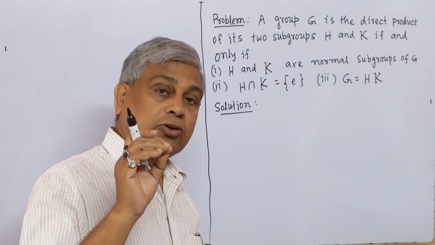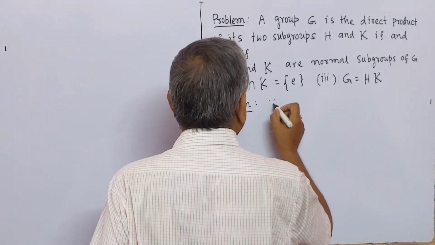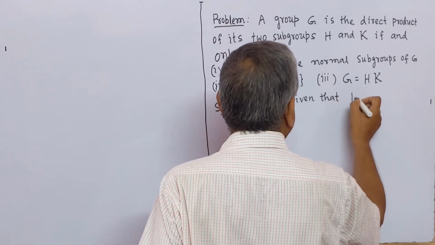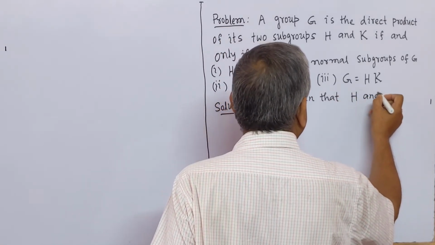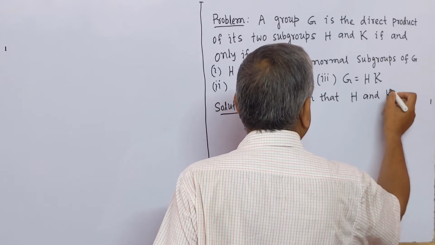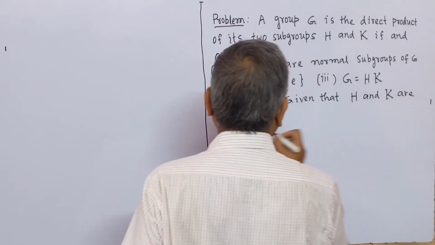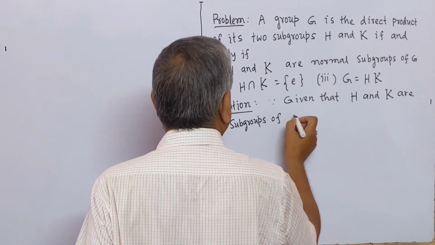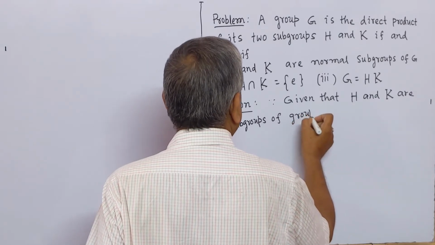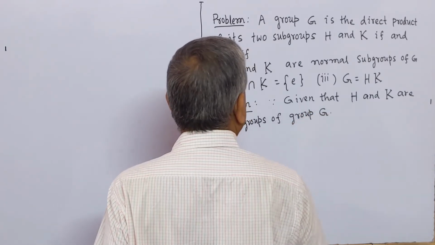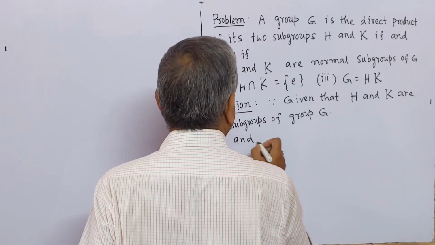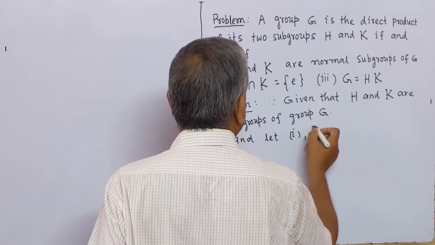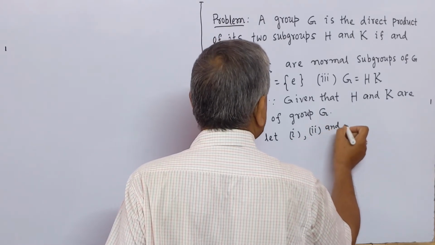Now we solve this. Since it is given that H and K are subgroups of group G, let 1, 2 and 3 hold.